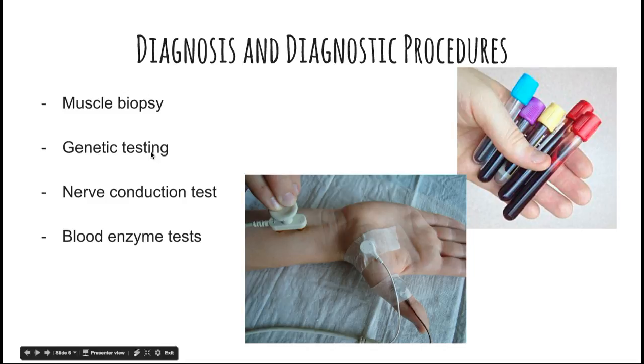There's obviously genetic testing, since this is a genetic disease. Nerve conduction test. This is a picture of someone having a nerve conduction test. This measures the conduction going through your nerves. The blood enzyme test. So this is an example of what they would do. They would draw blood to see the blood enzymes.